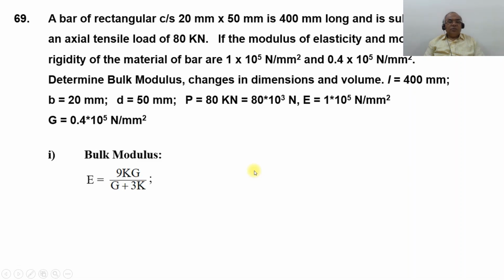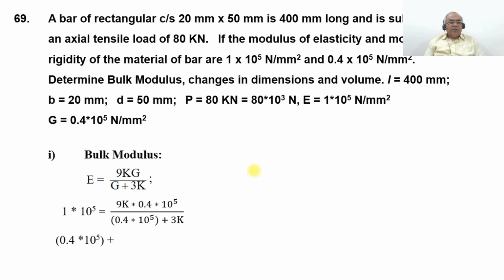E is equal to 9KG by G plus 3K, which is the relationship we have explained in our previous video. So substitute the values of E and G to get K. E is 1 into 10 to the power of 5, which will be equal to 9 into K into G, which is 0.4 into 10 to the power of 5, divided by G, which is 0.4 into 10 to the power of 5, plus 3 into K. So 0.4 into 10 to the power of 5 plus 3K will be equal to 3.6K.